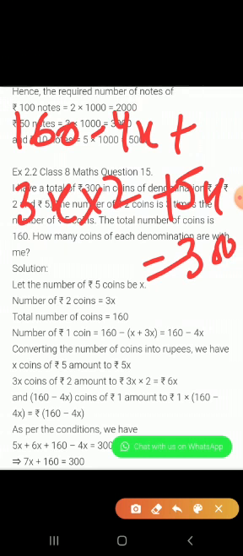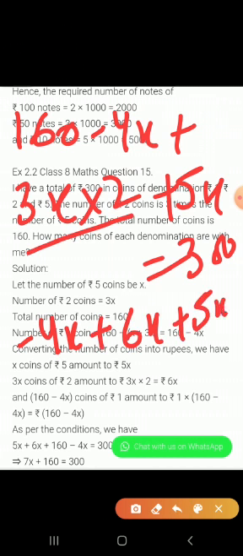Now see, 160 we can shift to the other side. So it will become 300 minus 160. It is plus 160, so it will become minus 160. So minus 4x I have written as it is, plus 3x into 2, it is giving you 6x, plus 5x equal to 300 minus 160.